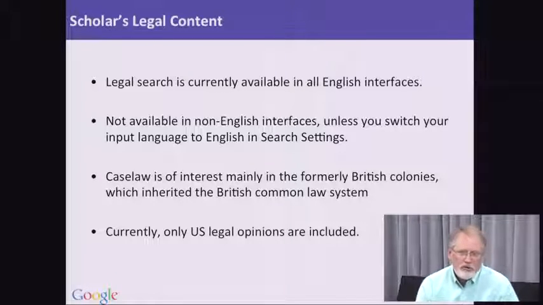If you want to search the legal system from Google now, you have to switch your input language to English. It's of note that case law is of interest primarily in the former British colonies. They inherited the British common law system, and there are a lot of precedents that go back and forth between the two systems, searchable in this way. Currently, only US legal opinions are included, but they're completely searchable through the legal aspect of Scholar.